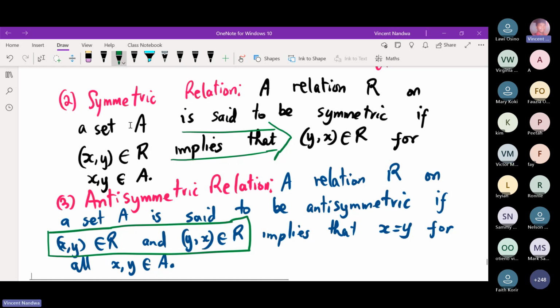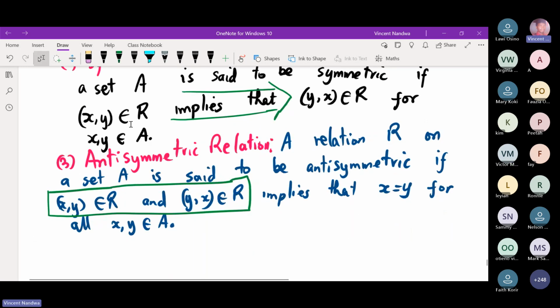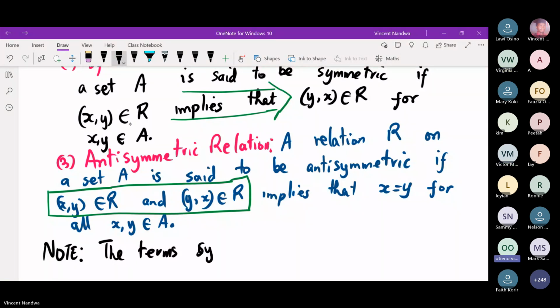And before we go to the previous example to classify which ones are symmetric and antisymmetric, let it be noted that the terms symmetric and antisymmetric, please, I beg you to be attentive, because if you're not very careful, you will be confused by these terms.